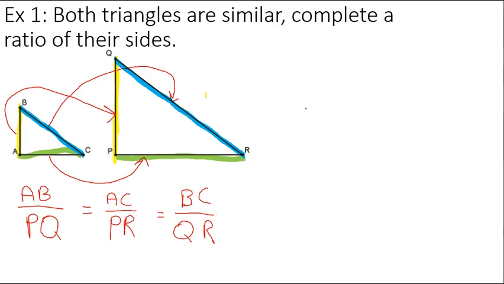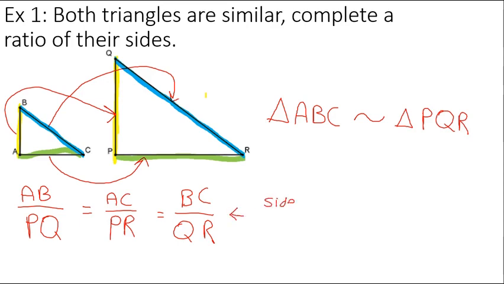And then when I write out my similarity statement, I'm going to say triangle ABC is similar to triangle PQR. Okay. So here we say these are the side proportions. And remember, this sign right here means similar.